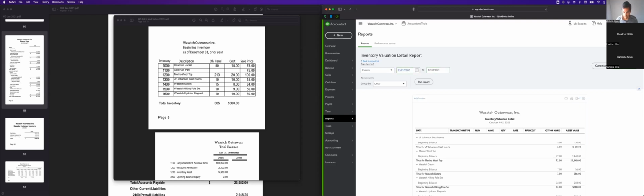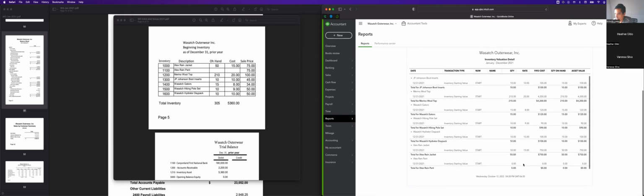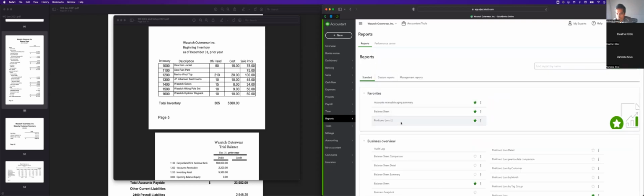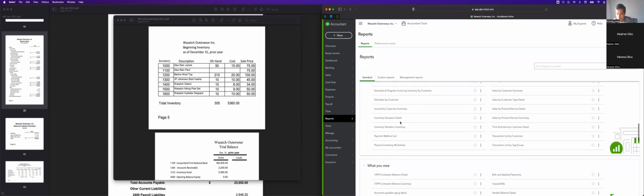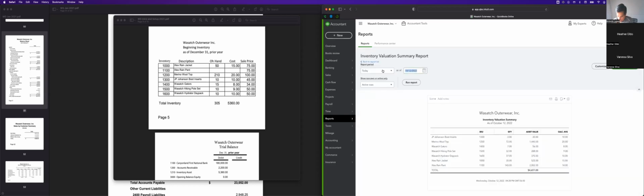Was I running this the whole time in 2022? That's 10, that looks good. Total amount. I might have been running it for the wrong date. Because we ran this.